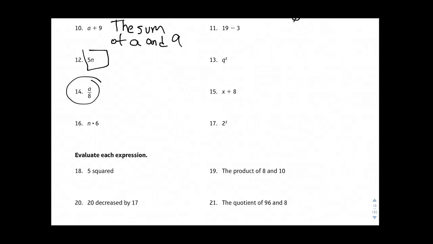But I'm not going to use the word over. I'm going to tell you that I know that that's not only a fraction, it's also a division. So I'm going to say the quotient of a and 8. x plus 8. I'm going to say that this is the sum of x and 8. I'm going to leave these last two for you to do, and I'm going to check them.